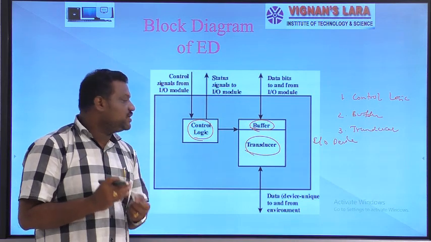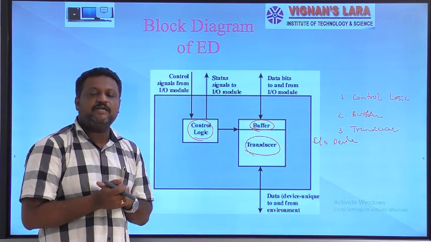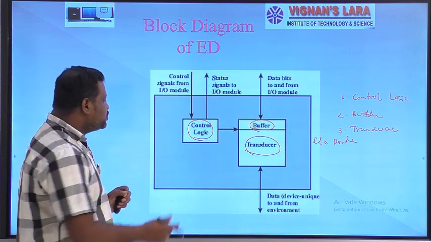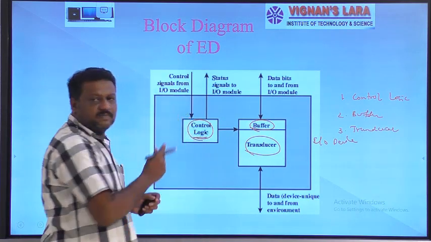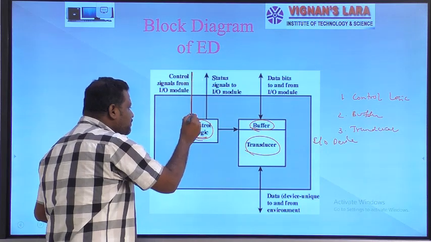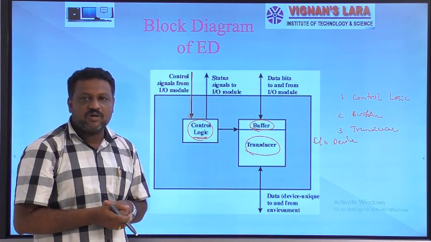Now we can see what the job of these internal blocks of an external device is. The first one is the control logic. This is the block which receives control signals from the I/O module or I/O interface.